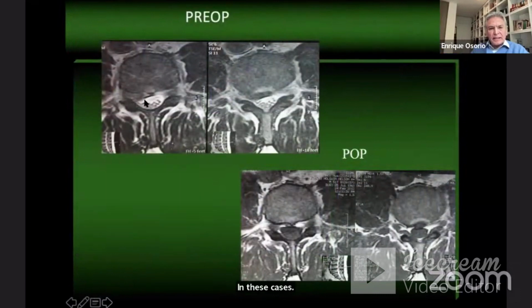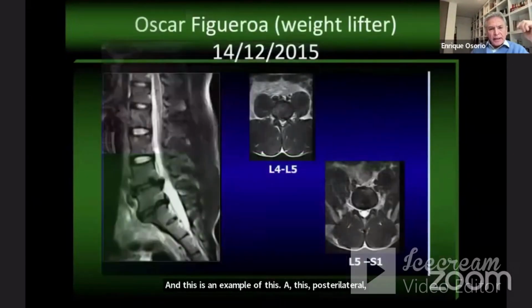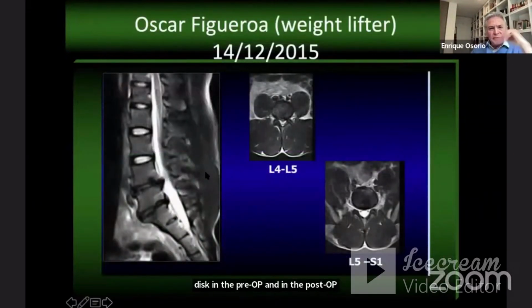And this is an example of this posterolateral disc herniation in the pre-op and in the post-op. And this case is very interesting. This is a white fighter, and he was 33 years old at that time, with 5 months of very important lumbar pain.